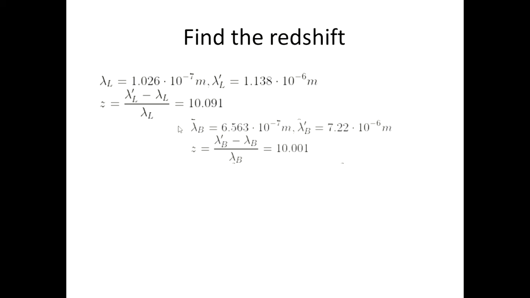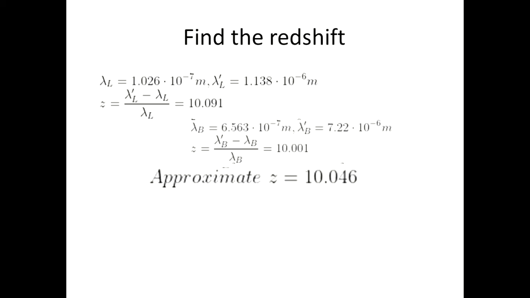So rather close there. Let's assume they're rounding errors, and we can approximate z is equal to 10.046. Why 10.046? Because these are the averages of these two values. They're also the median of these two values because there are only two values.